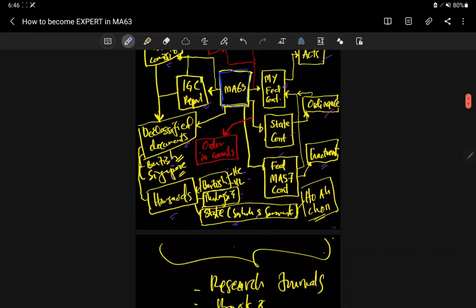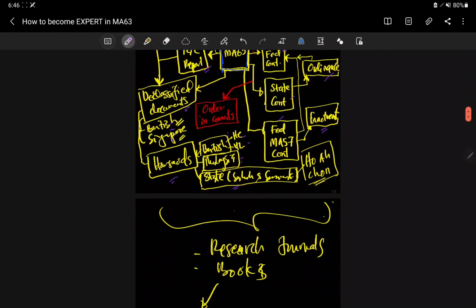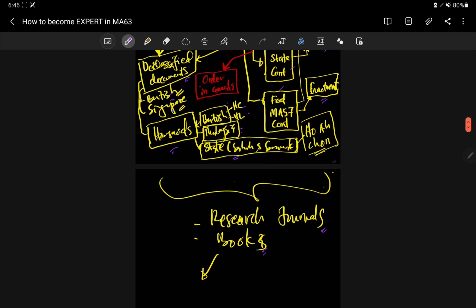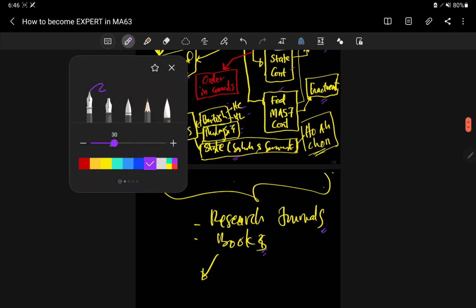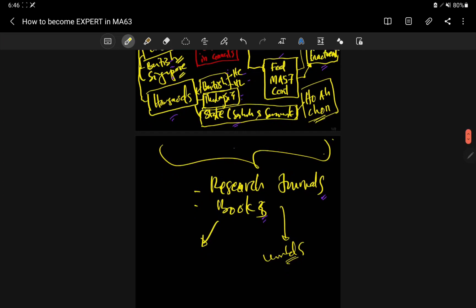And then for the whole picture, if you want further understanding, you can look at the research journals and books that have been written, not just by Malaysians. These research books can be by a lot of people all over the world. There are some British people, maybe from Denmark or from Australia, from Sabah, from Malaya, from Brunei, from Singapore.